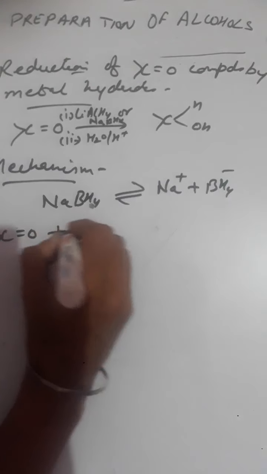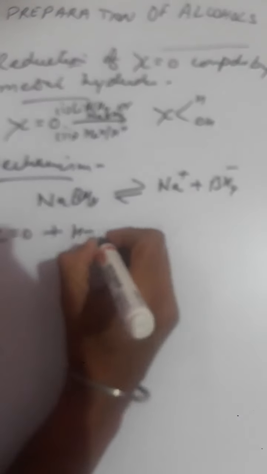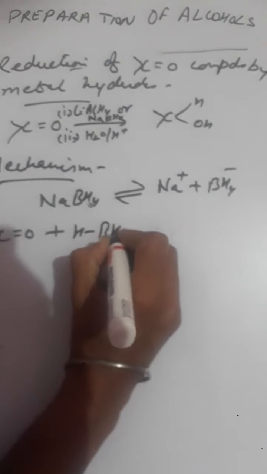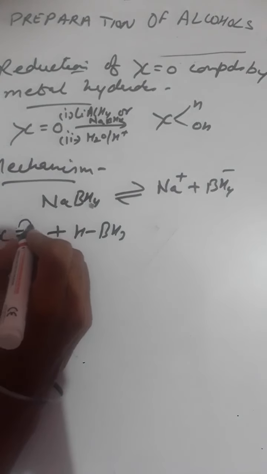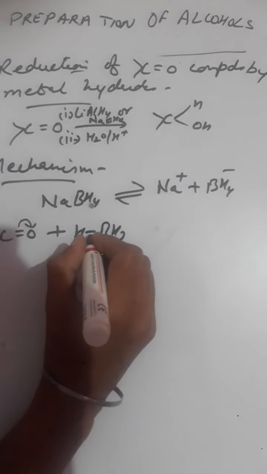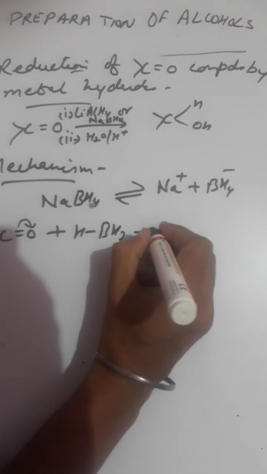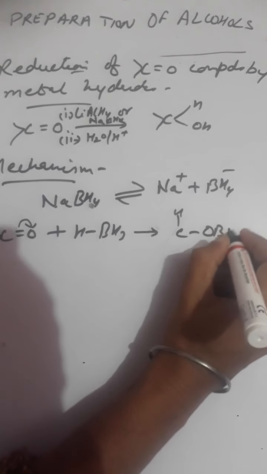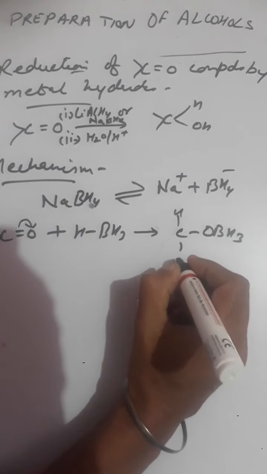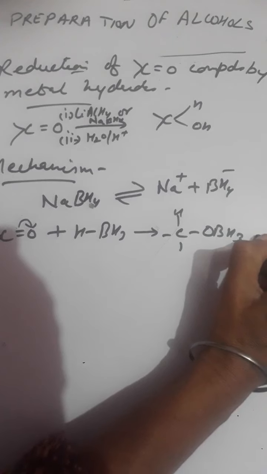Now when the carbonyl group comes in contact with this, you can write it like this, BH3H. This will be shifted to this side and this bond will be on here. CHO BH3 and this.